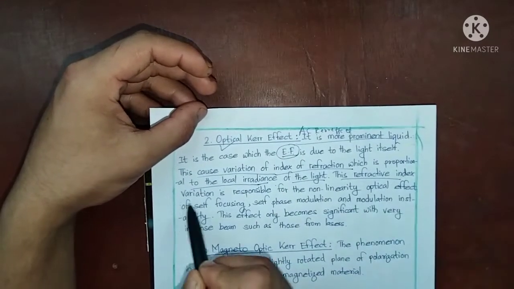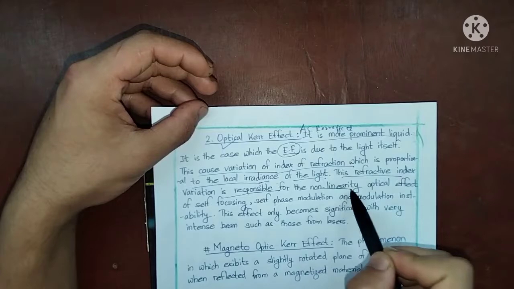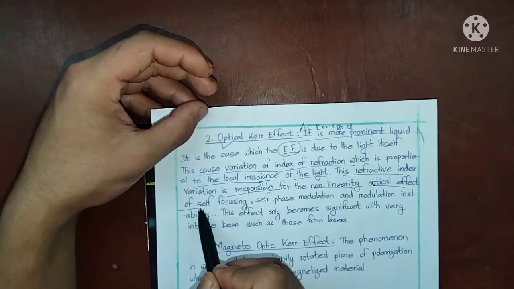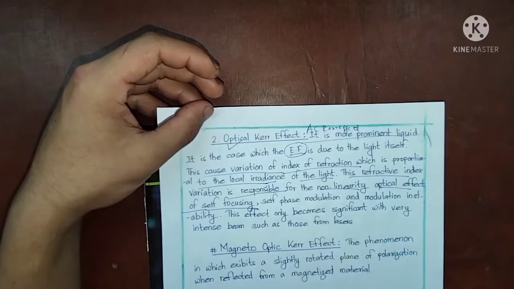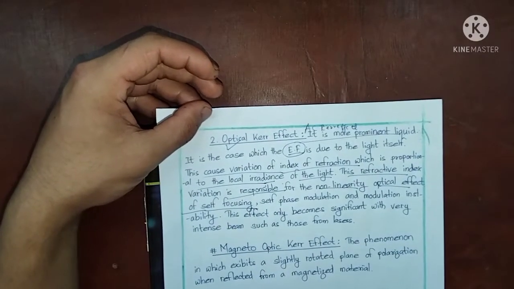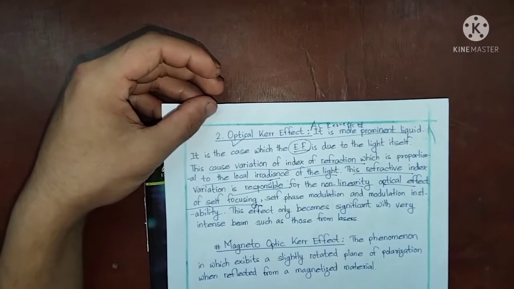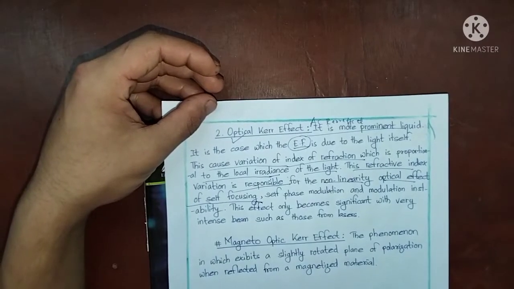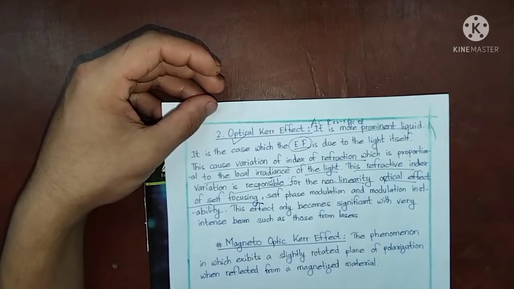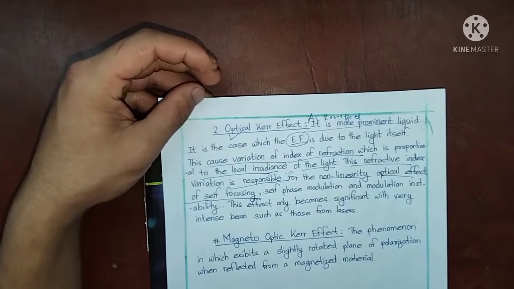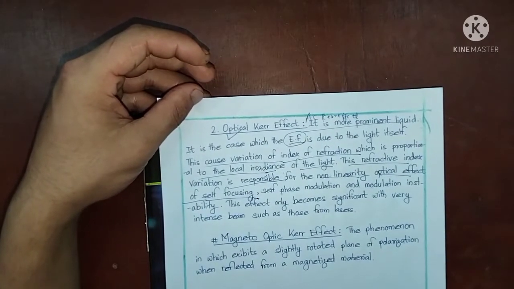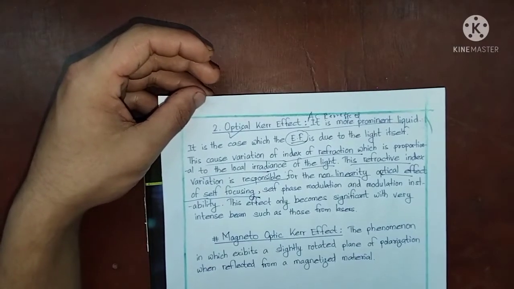This refractive index variation is responsible for non-linear optical effects such as self-focusing, where input is not directly proportional to output. Self-focusing is a non-linear optical process induced by the change in refractive index of the material.